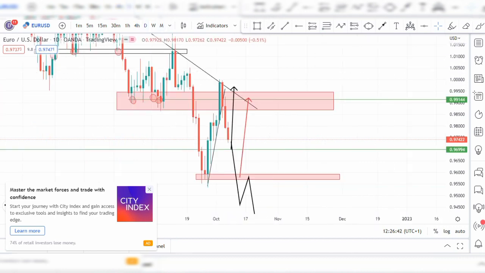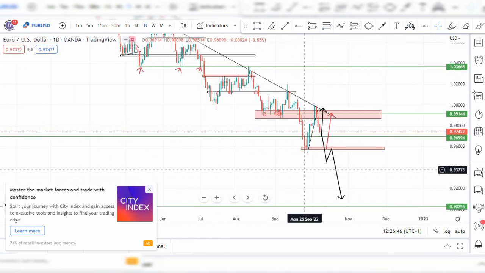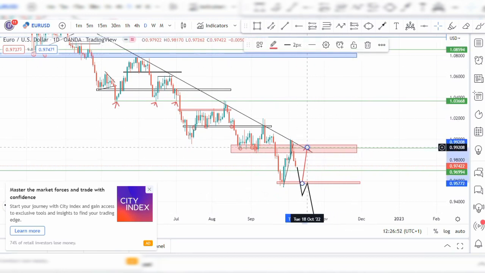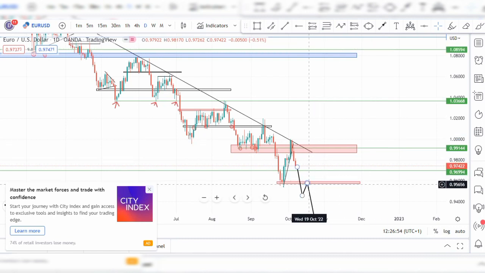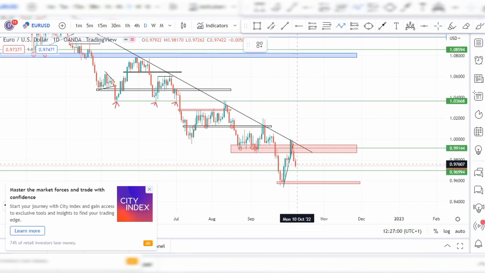So let's go to the daily time frame so we can see it clearly. Good. I'm just going to show you how I'm going to take my trades if it does happen that way. First of all, I will take my buy trade if price ends up getting down to this previous low and gives me a bullish signal.